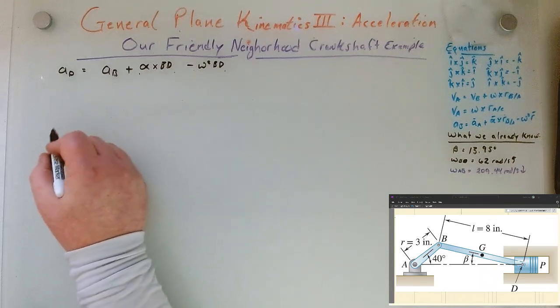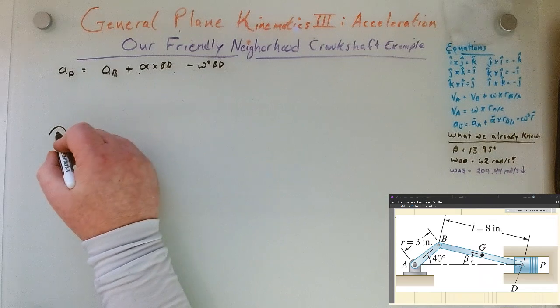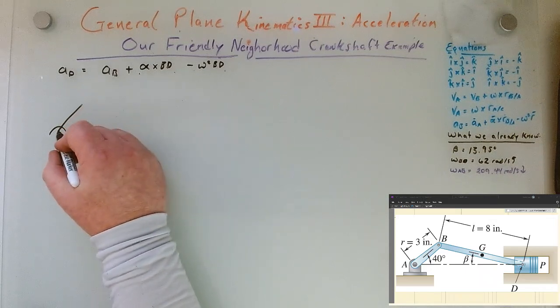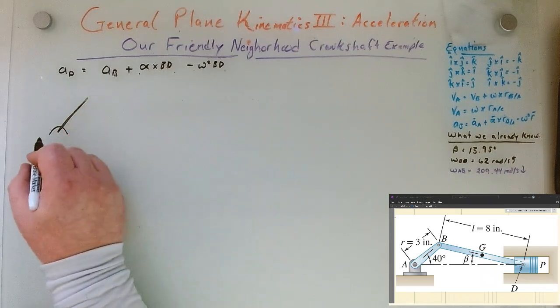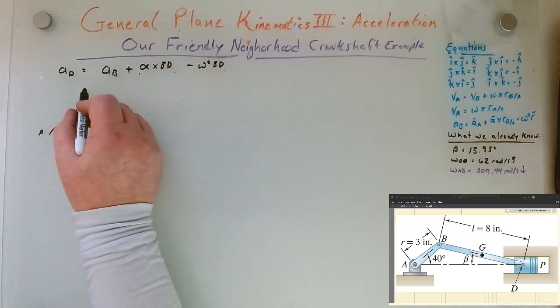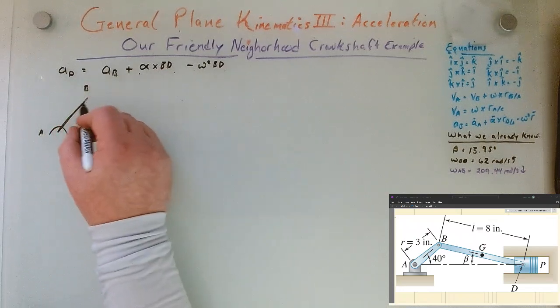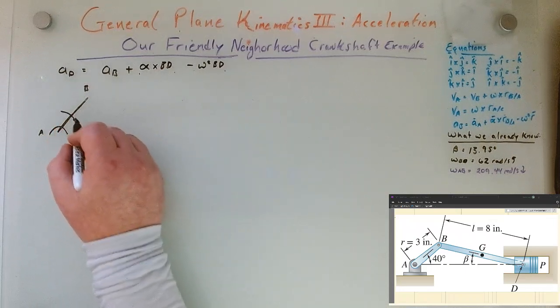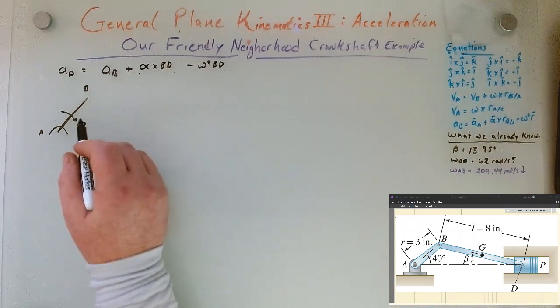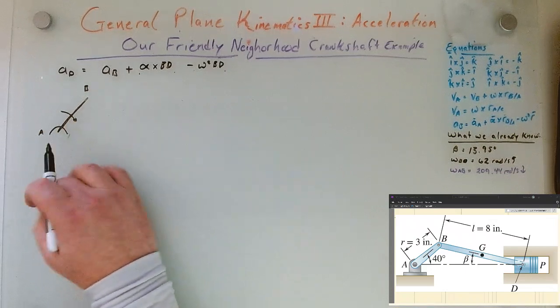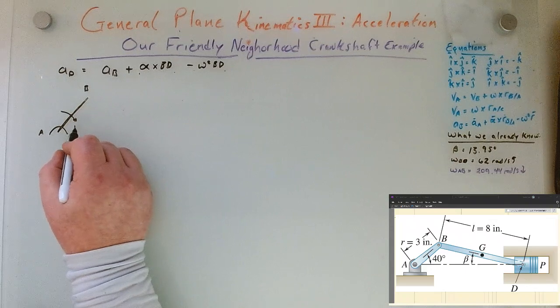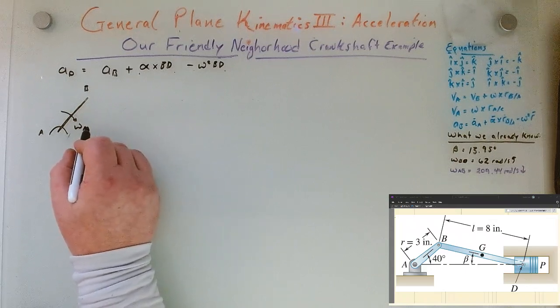Starting from a quick free body diagram of that crankshaft AB, where this is A and this is B, we have a velocity here of 209.44, so we'll just say omega AB.